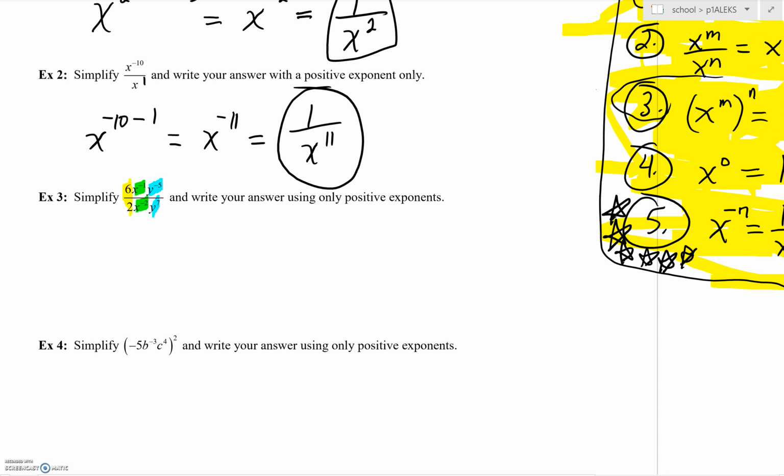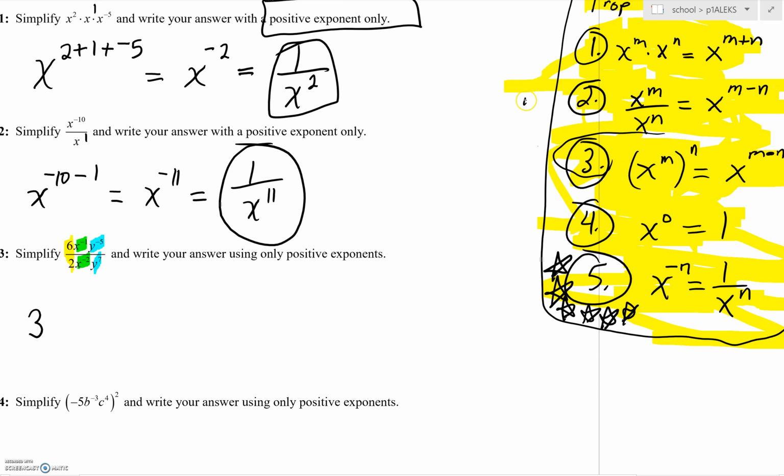Now, of course, 6 divided by 2, you would be able to get that answer as 3 in a heartbeat. But then property number 2 is coming into play, where we're going to have x to a power over x to a power. We'll take x to the numerator's power, x to the negative 1 minus negative 2.